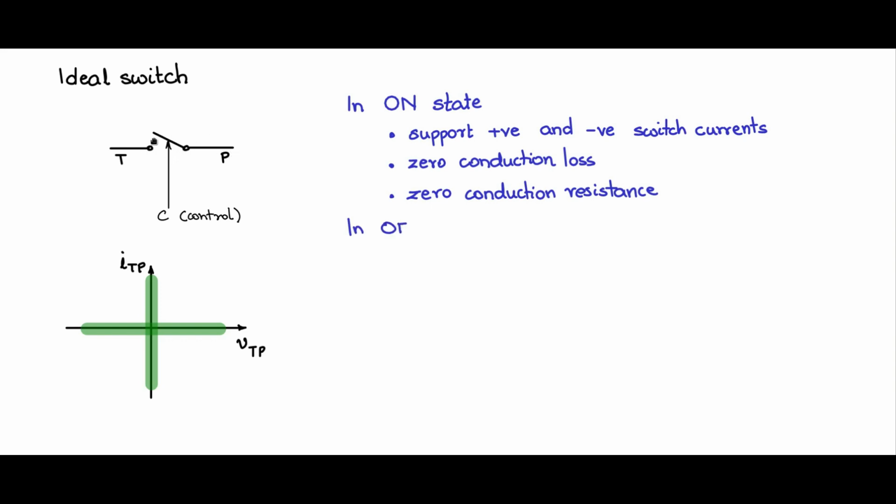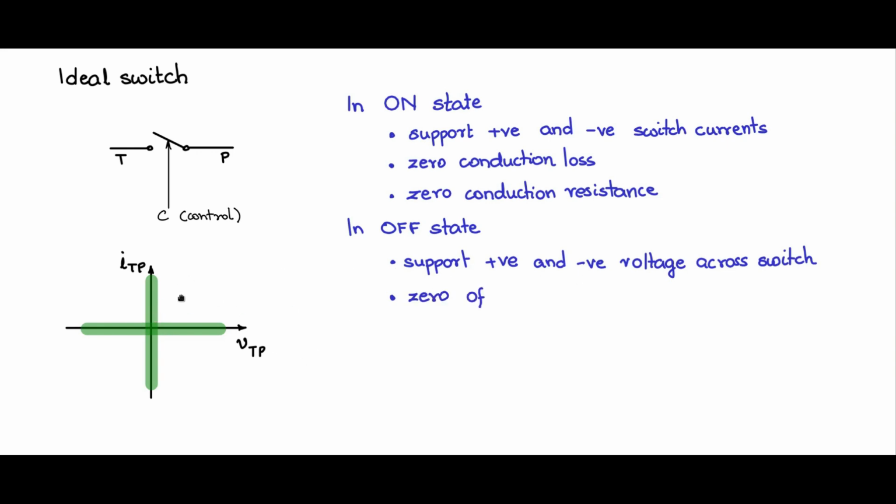In the off state, when the switch is off, again looking at the characteristic, it has to support voltage. So it should be capable of supporting both positive and negative voltage across the switch. This is one character of the ideal switch.